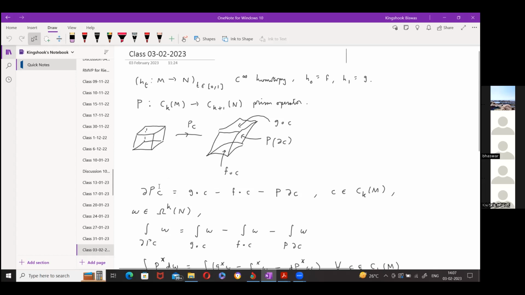So we have this formula. The boundary of PC is G composed with C minus F composed with C minus P of del C, where C is a k-chain in M.